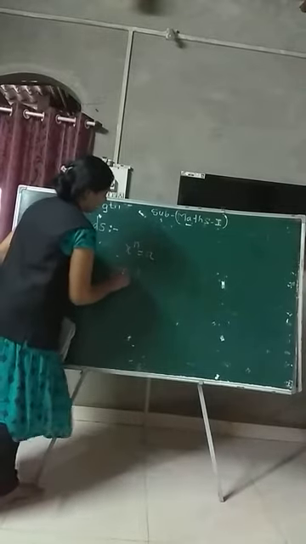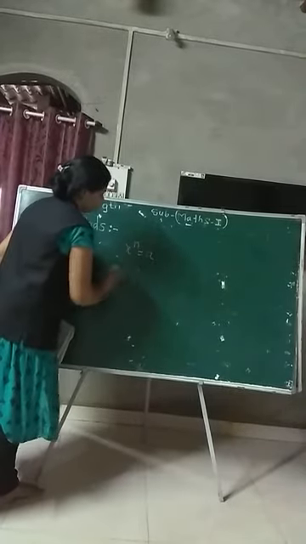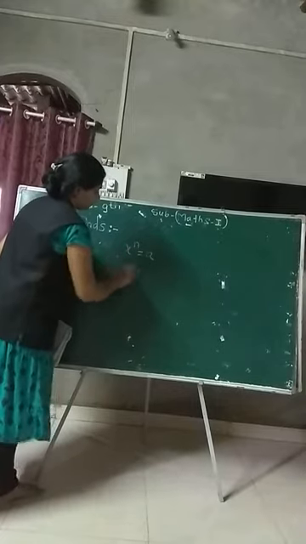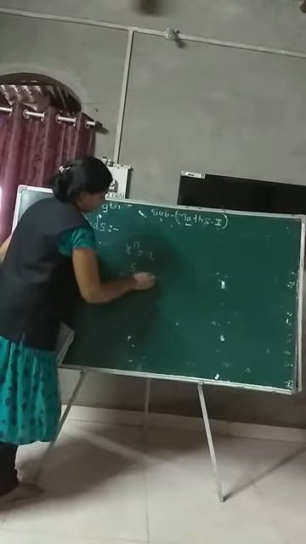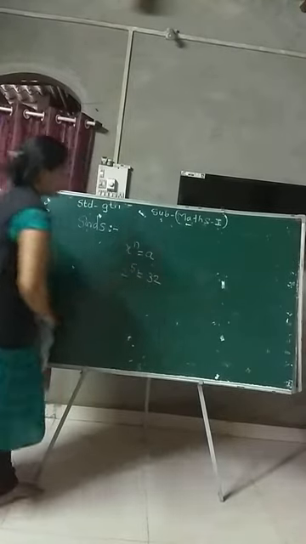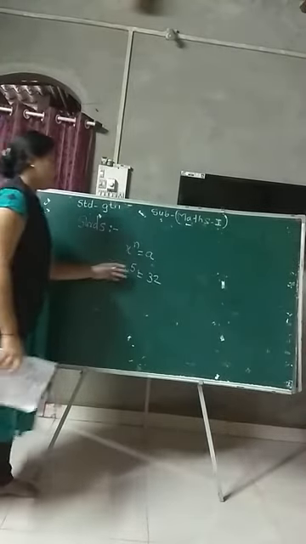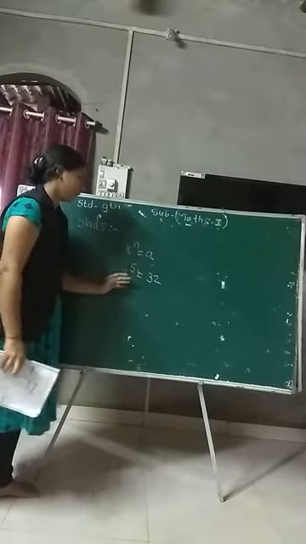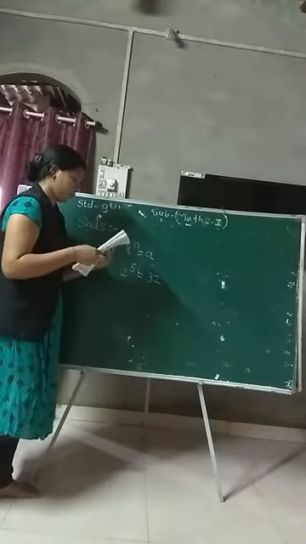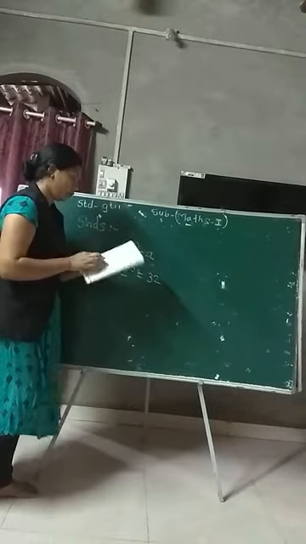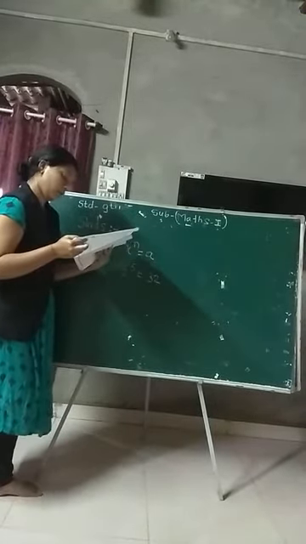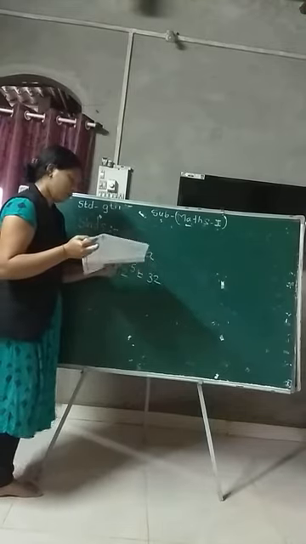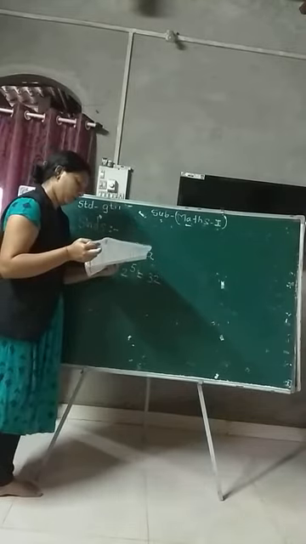Suppose we write here the 5th root of 32 is 2.